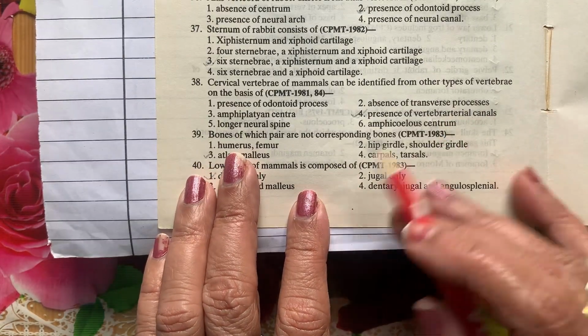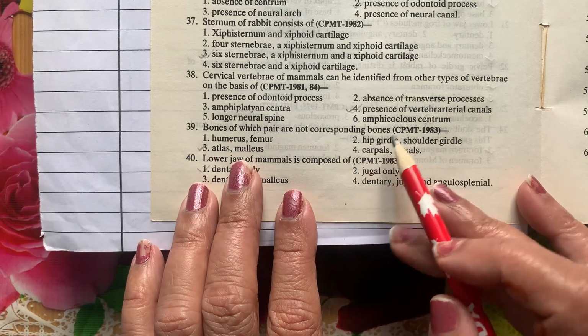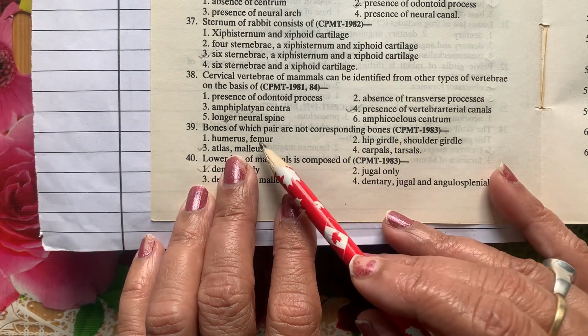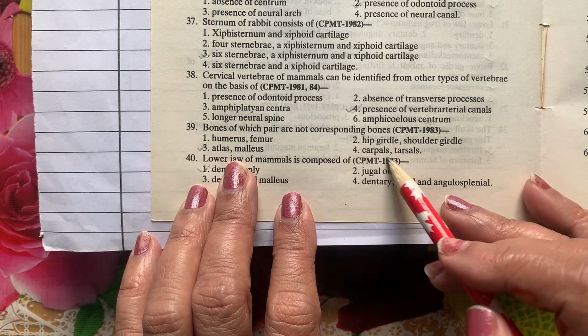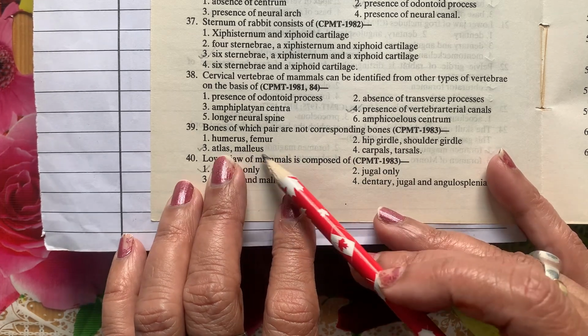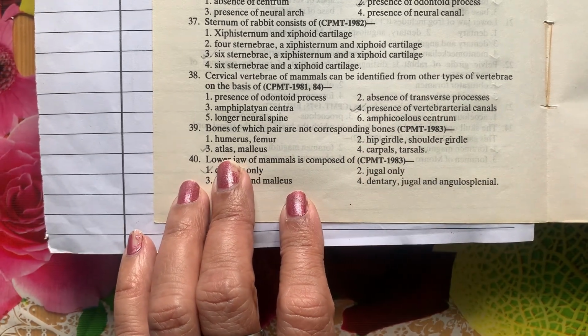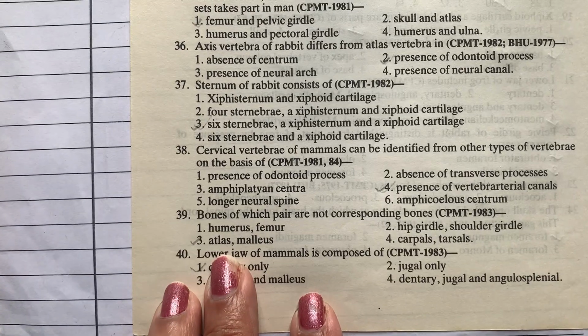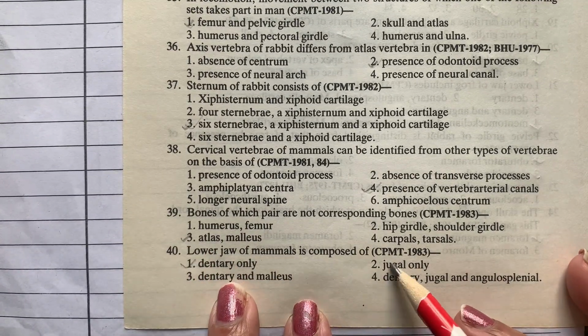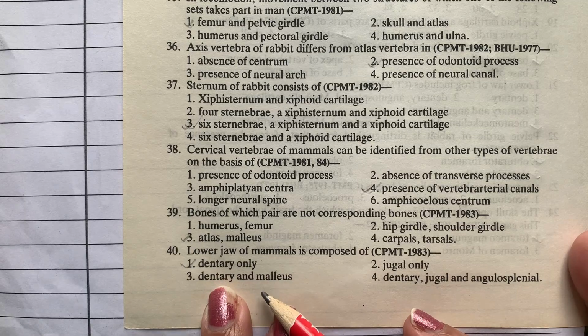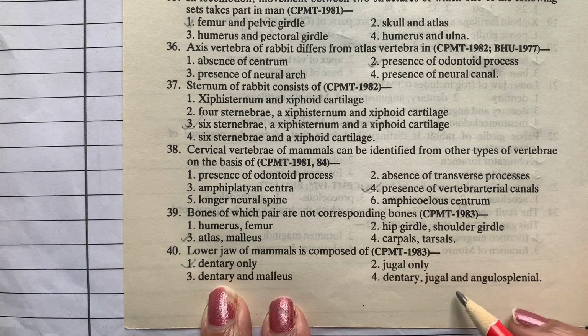Bones of which pair are not corresponding bones? Humerus and femur, hip girdle and shoulder girdle, atlas and malleus, carpals and tarsals. Correct option is atlas and malleus. Lower jaw of mammals is composed of dentary only, dentary and malleus, jugal only, or dentary, jugal and web.